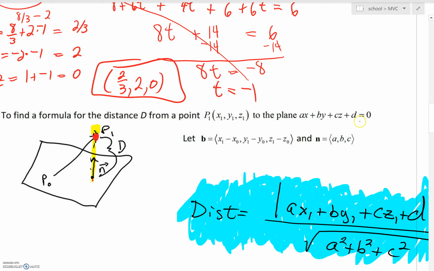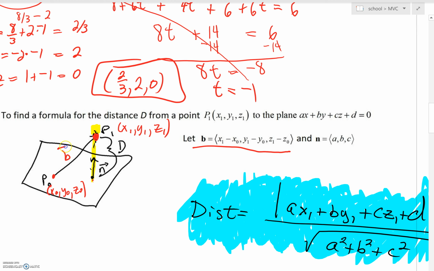What you're going to see, more or less, is that we could have this initial point, P naught, which is going to be your x naught, y naught, z naught. And if we just took our P1, which is x1, y1, z1, we could find this vector right here, end minus beginning, head minus tail.